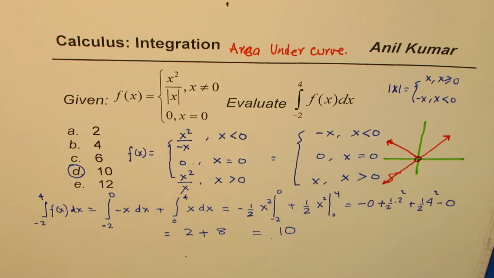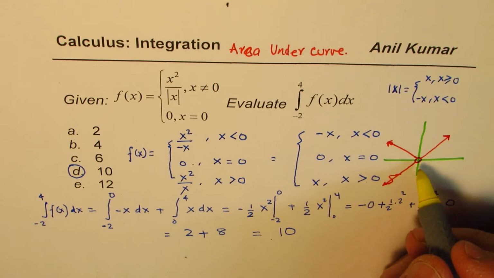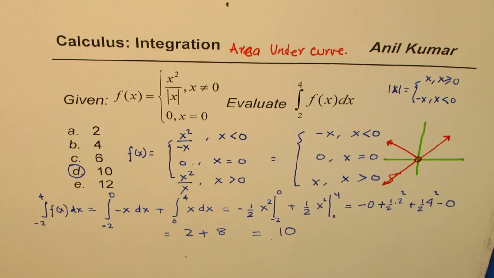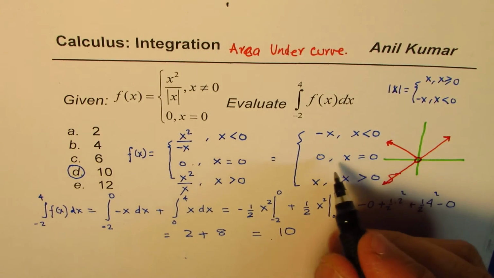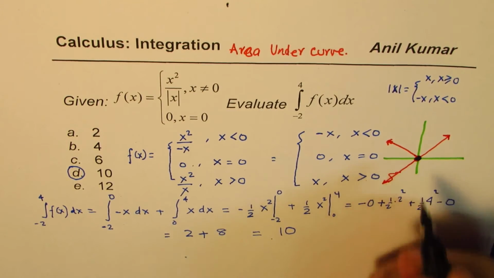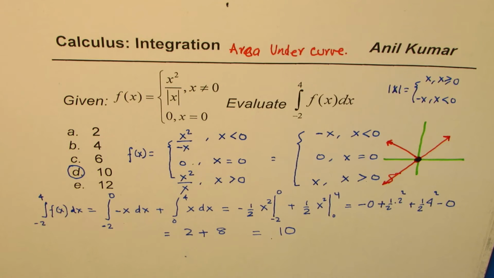So it's an absolute value function with a filled in hole because we defined the value at 0. Let me just fill this up. So it is a continuous function. It is an absolute value function, as you can see very clearly.